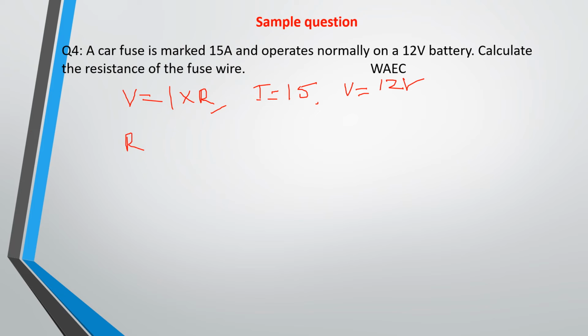resistance will be equal to voltage over current. Okay, so that means your resistance will be equal to 12 all over 15. 12 over 15.